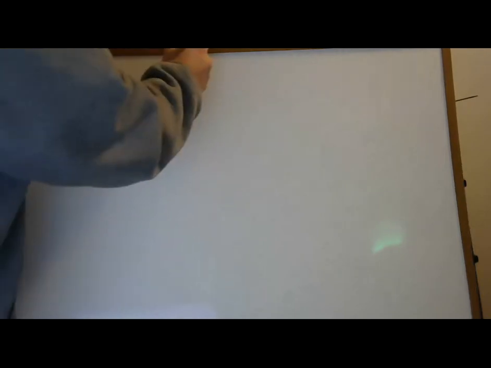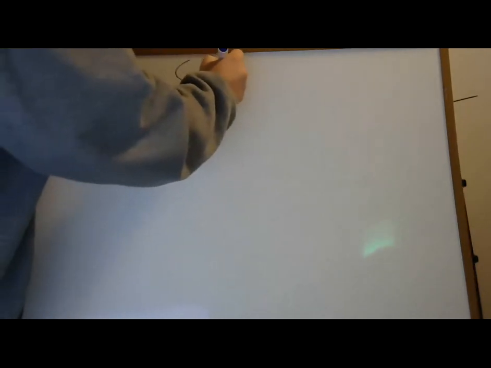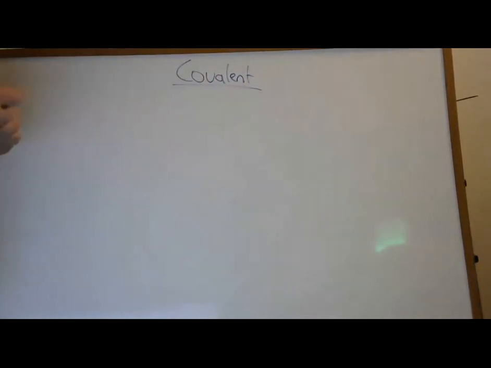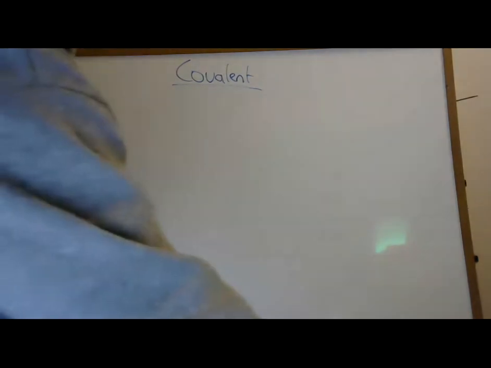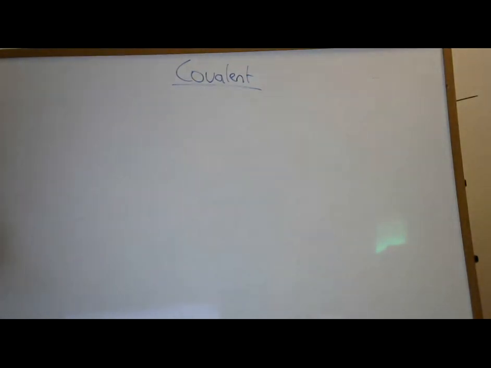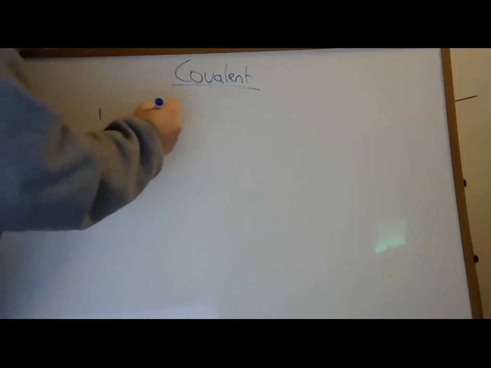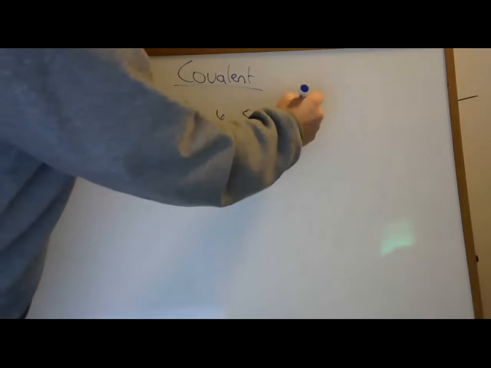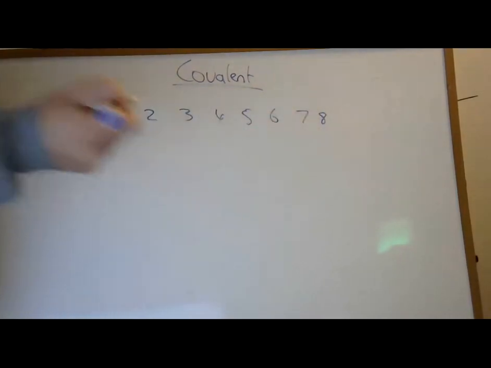Covalent bonds. Now we have, again, this is hopefully just some revision for you guys. We have group 1, 2, 3, 4, 5, 6, 7, 8.